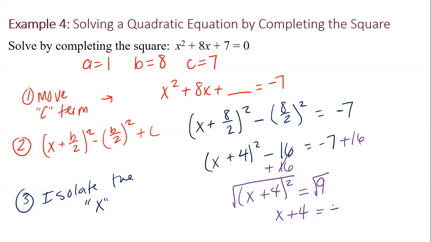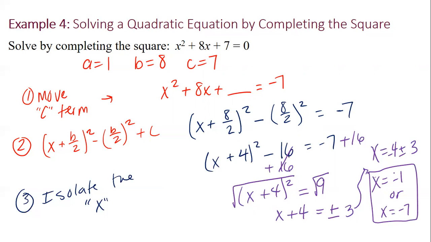Not just 3. Plus or minus 3. So that gives me x equals negative 4 plus or minus 3. And so what are my two x's? Negative 1 or x equals negative 7. That is why I moved this c in the beginning instead of waiting, because I'm going to have to move it anyway.